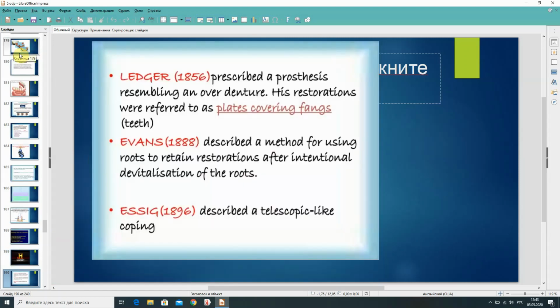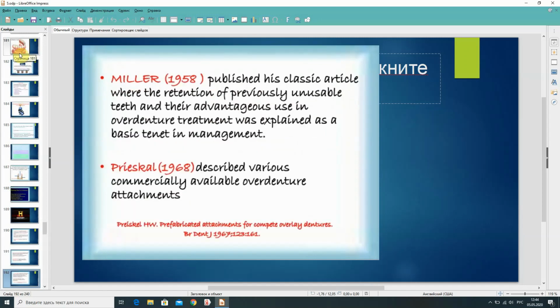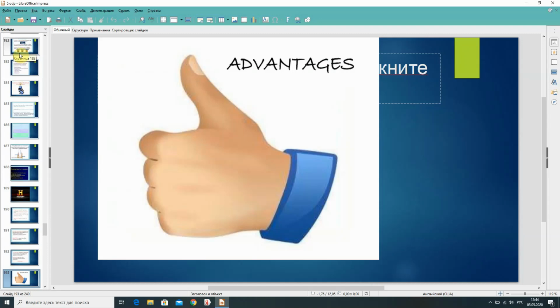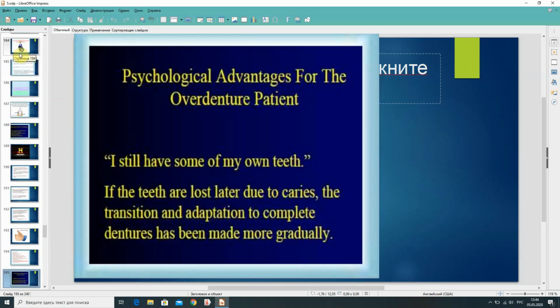History. Advantages. Physiological advantage for the overdenture patient: I still have some of my own teeth.